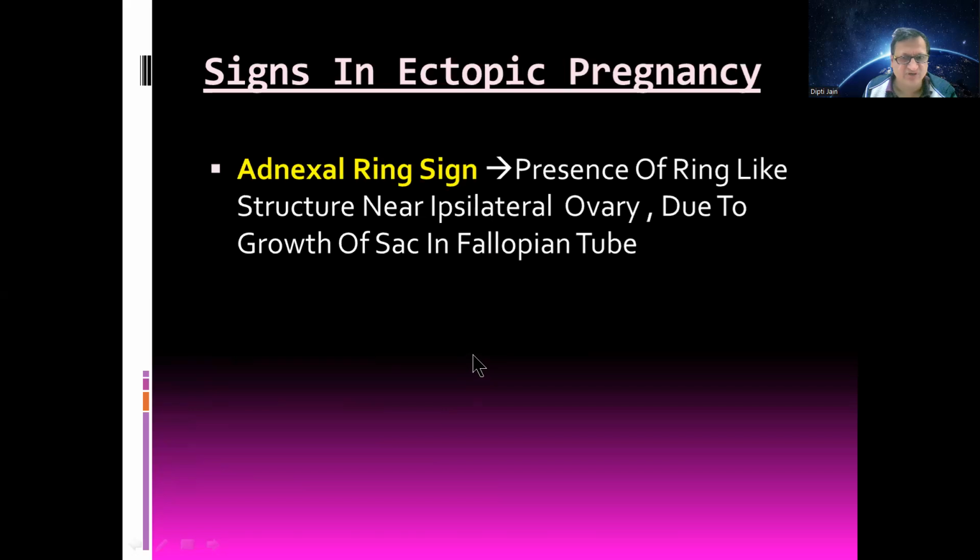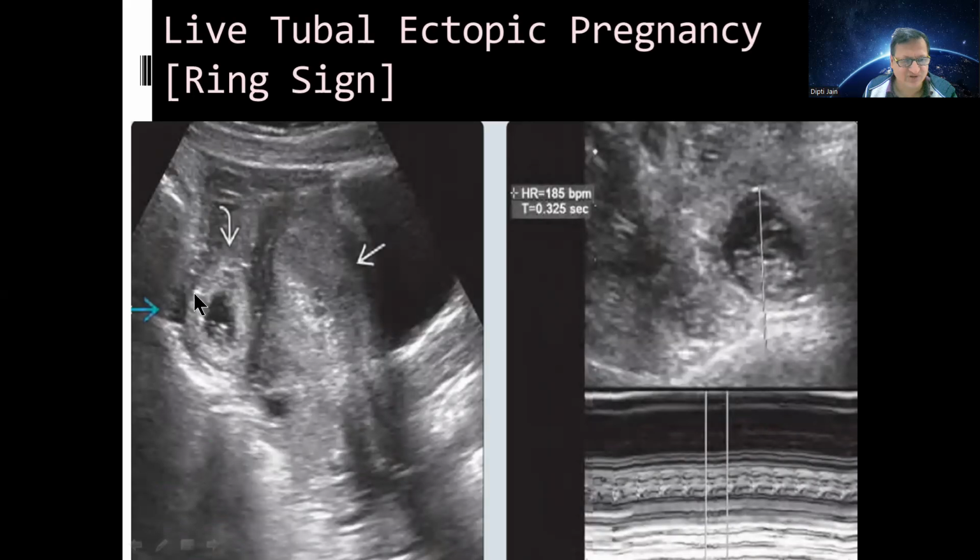There are some important signs in ectopic pregnancy which help us to detect it. The adnexal ring sign is the presence of a ring-like structure near the ipsilateral ovary due to the growth of the sac in the fallopian tube. Because of the decidual reaction and the clotted blood surrounding it, and the hematoma, it looks like a ring-like structure, because the sac is surrounded by the fallopian tube where a hematoma is forming.